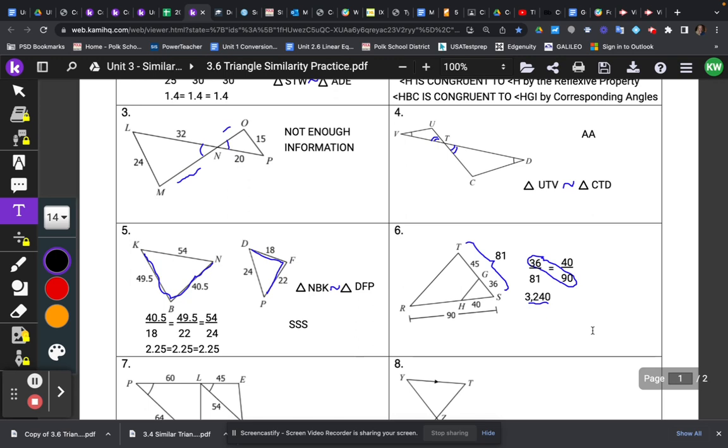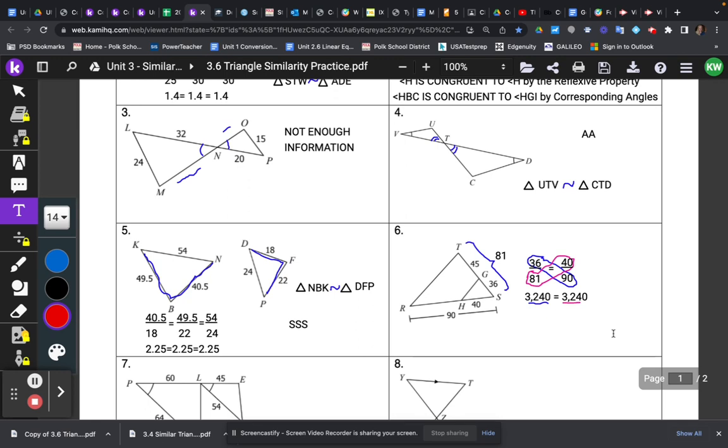It's okay if you reduce the fraction, but I just decided to cross multiply. Now I'm going to repeat that and multiply 81 times 40. If I see the same number, then I'm going to move on. When I multiplied 81 times 40, I got 3,240. Looks like we're headed in the right direction.